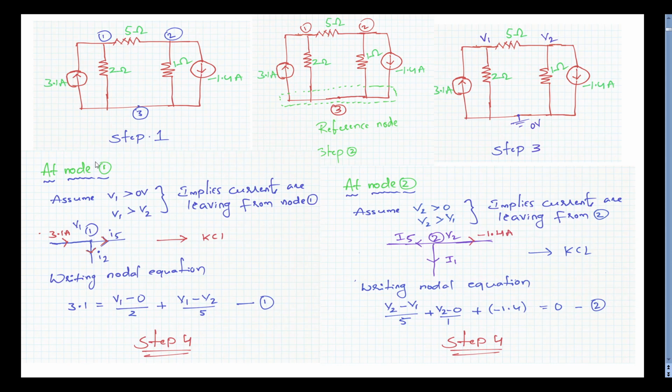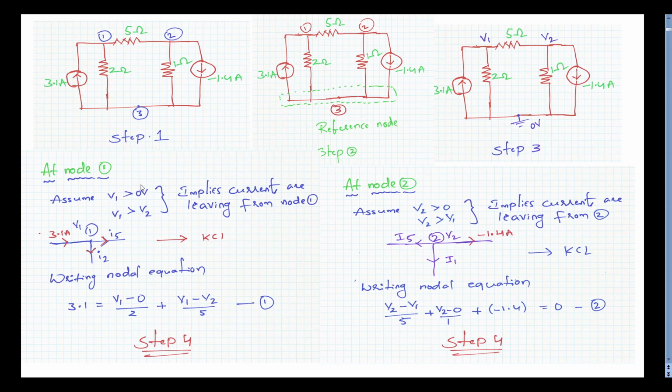While writing the nodal equation at node 1, you have to assume V1 is greater than 0 volts and V1 is greater than V2 volts. That is, your node voltage is greater than the other node voltages. This is a very important point.